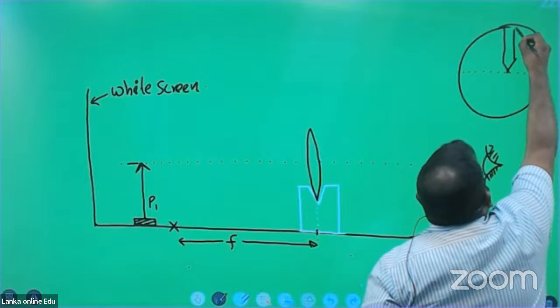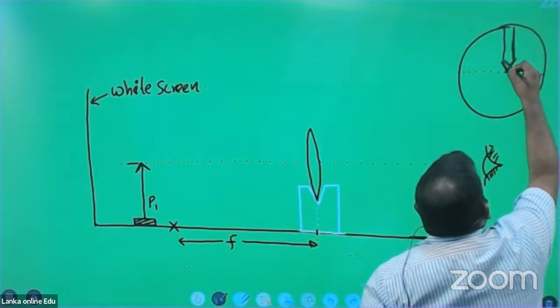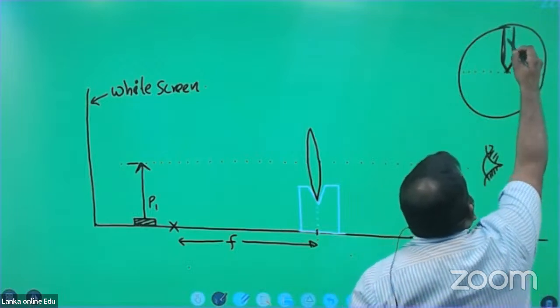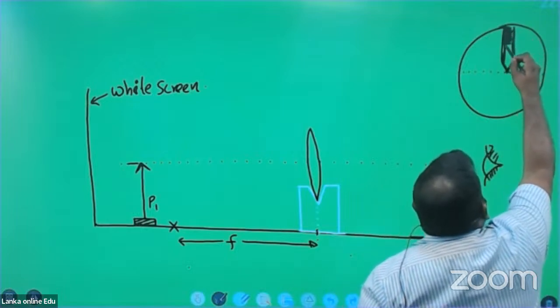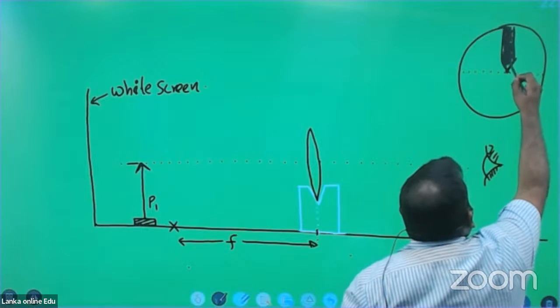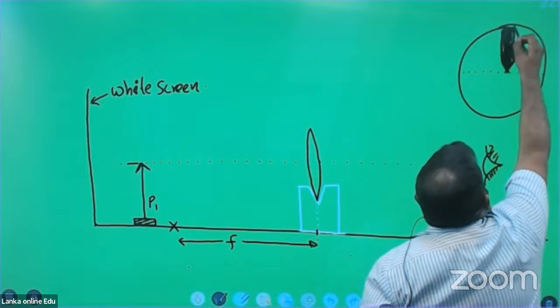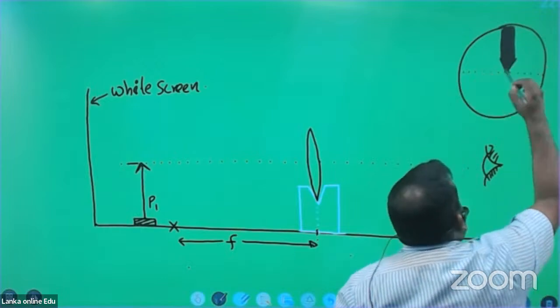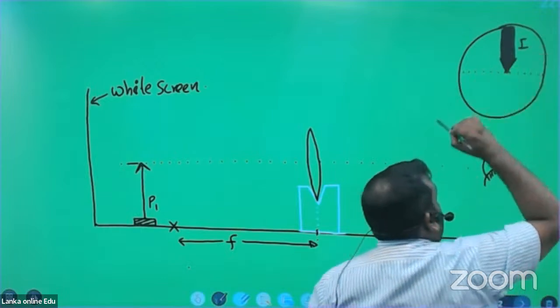There you go. Inverted magnified image of the pin. This is the image of the pin.